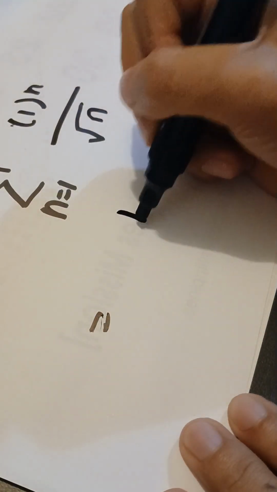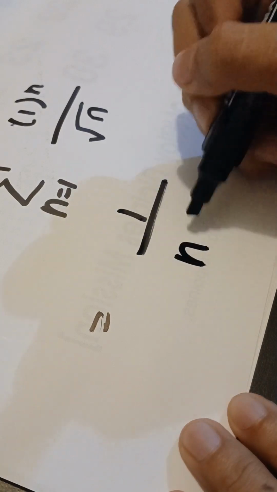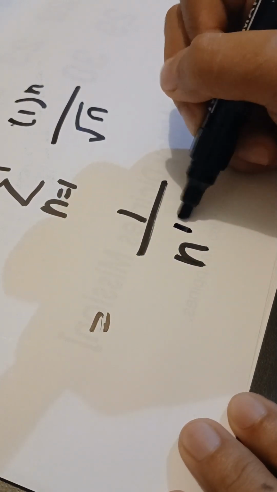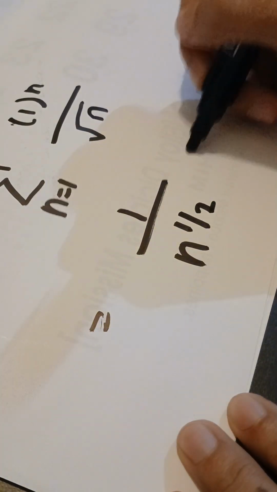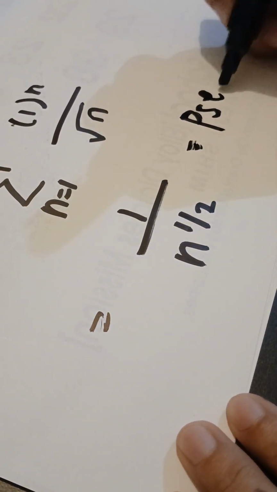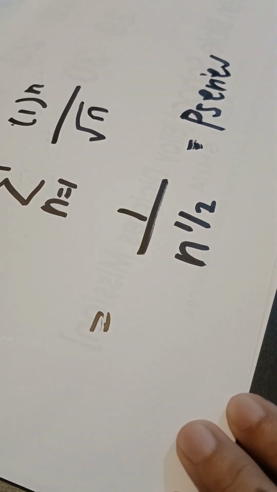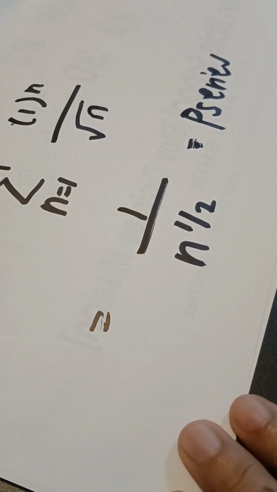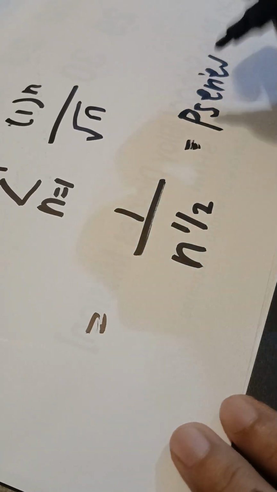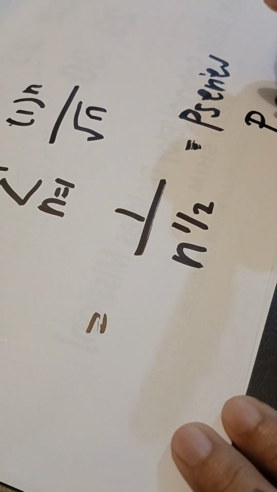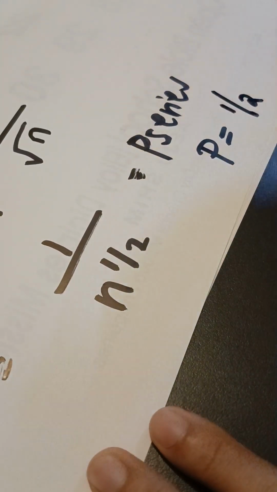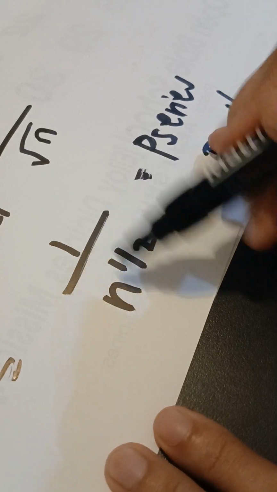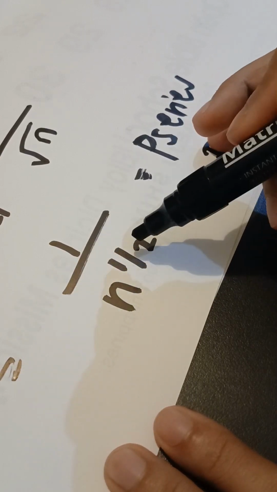Now it's going to be a p-series, where p is equal to 1/2. But remember, for a p-series to converge, p must be greater than 1. It's not greater than 1, so it's not convergent.